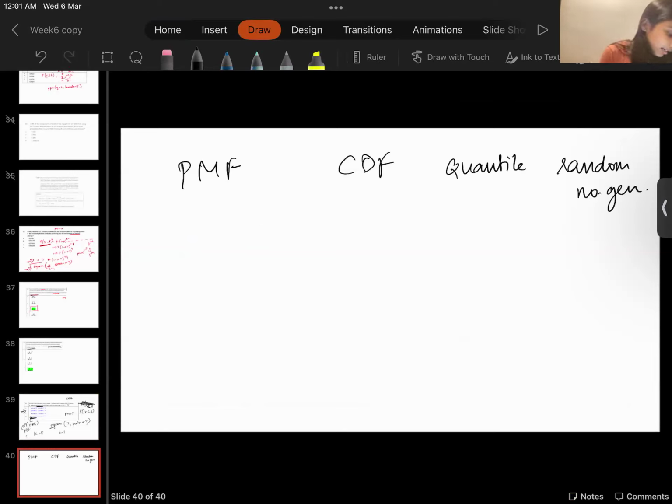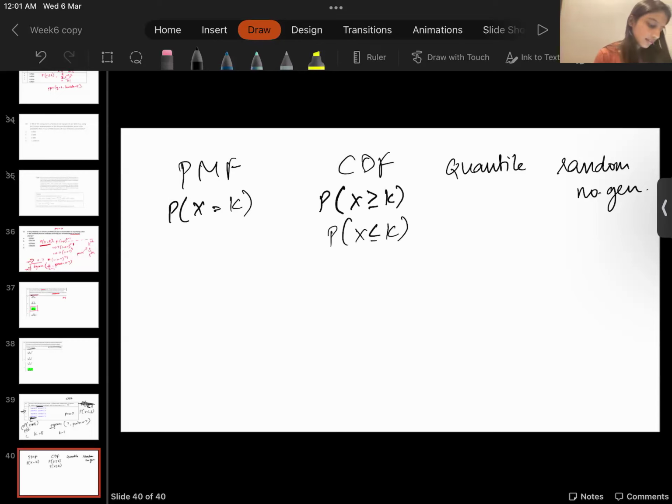PMF is basically P of x is equal to k. CDF is P of x greater than or equal to k, or P of x less than or equal to k. And quantile is which k value you find for a probability, something like that. And here you have to generate random numbers. This is how you can identify from the problem statement which one you have to use.